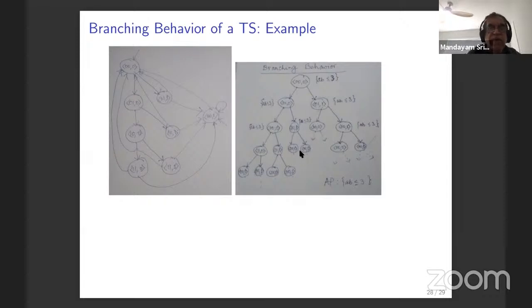And here, if I care to keep track of only whether AB is less than or equal to 3, then my traces will be just the labeling of those things, and then what I call a specification will express only certain behaviors are allowed or not. So they are defined as properties. What I keep calling properties are defined as constraints over these acceptable behaviors. Okay, so behavior is a set of traces, and executions are real executions.